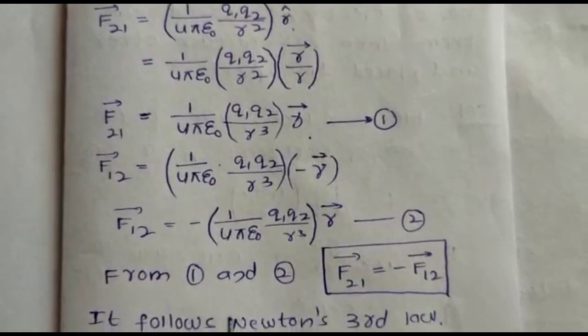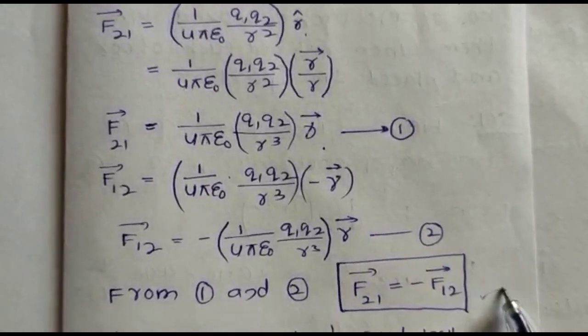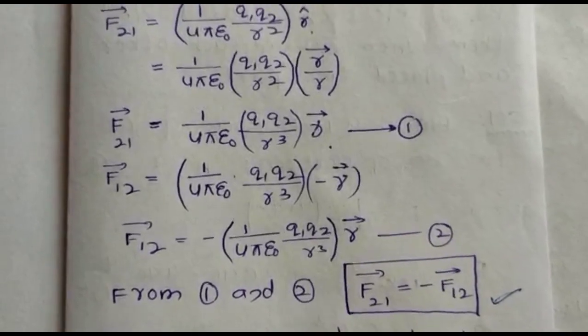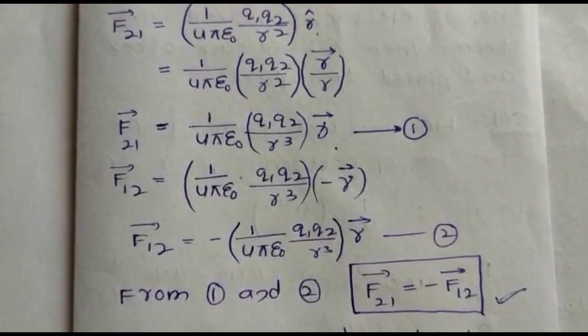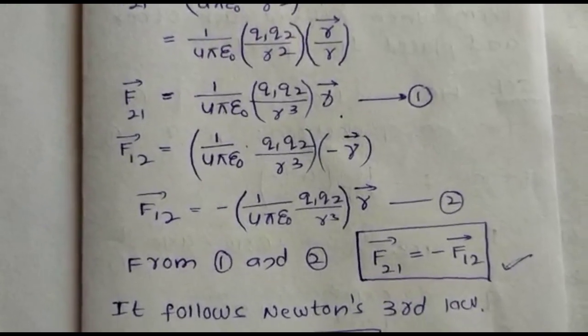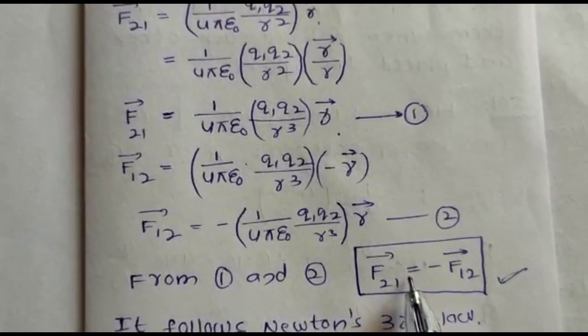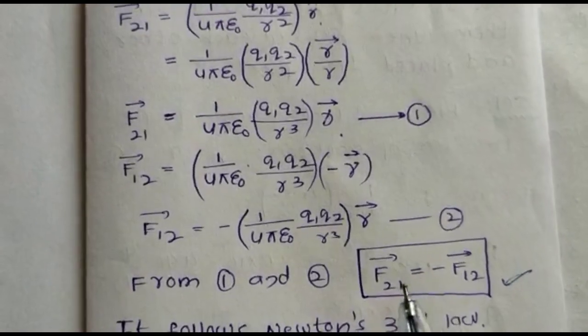Therefore, from 1 and 2 you can write that F21 bar is equal to minus F12 bar, and this is nothing but Newton's third law, which we discussed in Newton's laws of motion in first year. So Coulomb's law always follows Newton's third law, and here equal indicates that both are equal in magnitude.